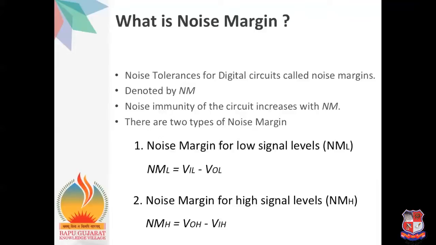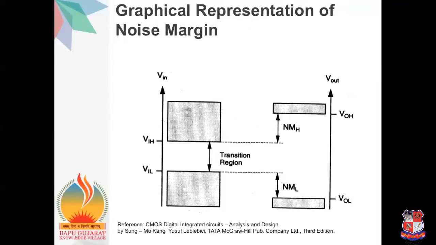So here the NML equals VIL minus VOL, and the NMH, the noise margin at the high level, is VOH minus VIH. This can be graphically represented as shown in the figure.